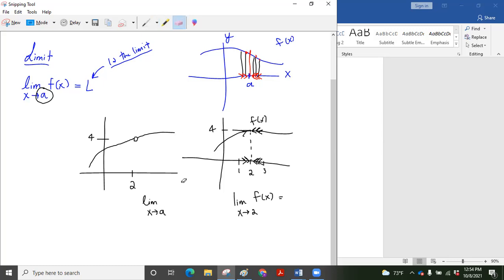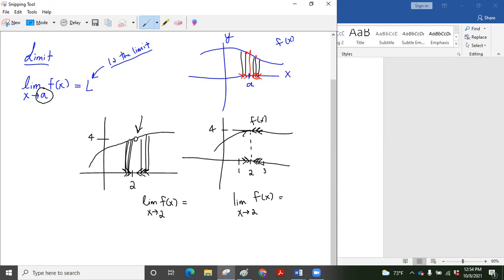So if we said the limit as x approaches a, or not a, let's actually grab a real example. If we say the limit as x approaches 2 of f of x, what is the limit in this case? Well, we're judging what the y values approach as we put x values into our function. And from both sides, we're approaching this y value of 4.